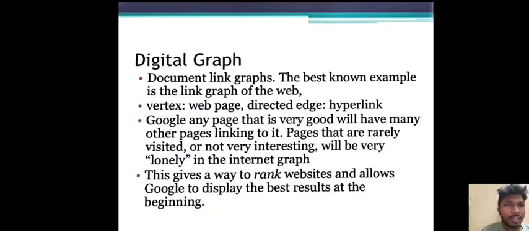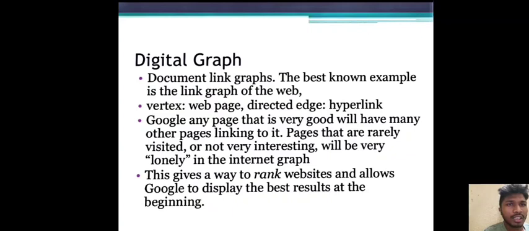Digital graph. Document-like graphs. The best known example is the link graph of the web. This is the best example for digital graphs. The vertex is the web page, and the directed edge is the hyperlink. Any page on Google that is very good will have many other pages linked to it.